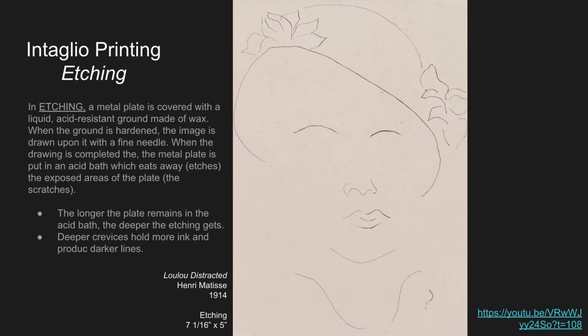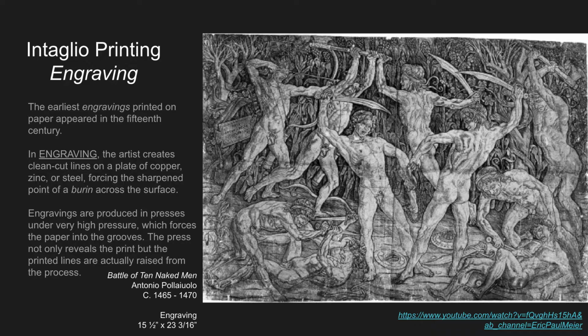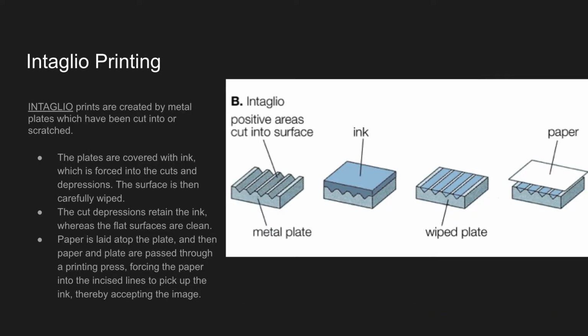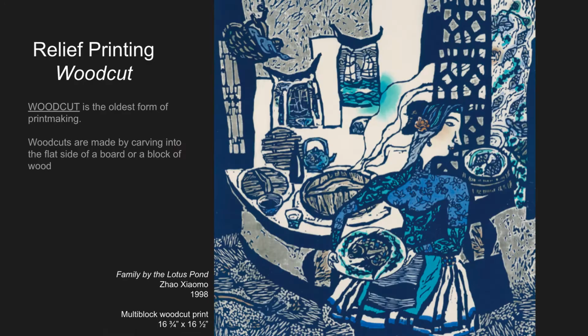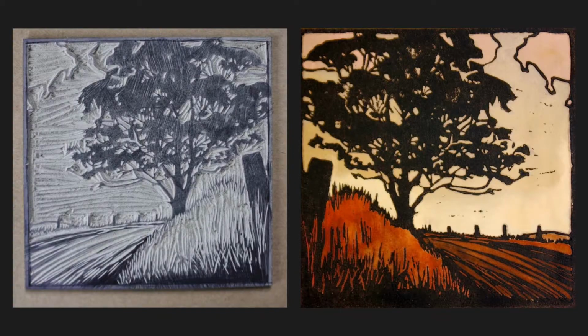All right, so to recap, the difference between intaglio with etching, engraving, or dry point is that the ink goes into a groove and the paper gets pressed into that groove. And that's different than a woodcut or a relief print in which the ink sits on top of the board like a stamp.